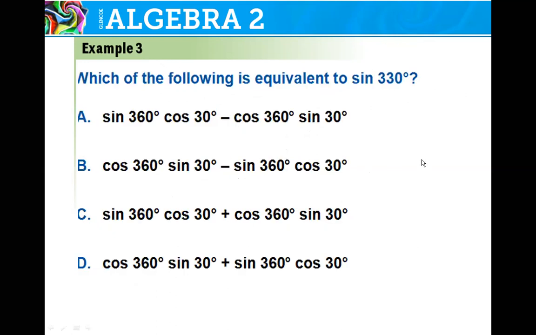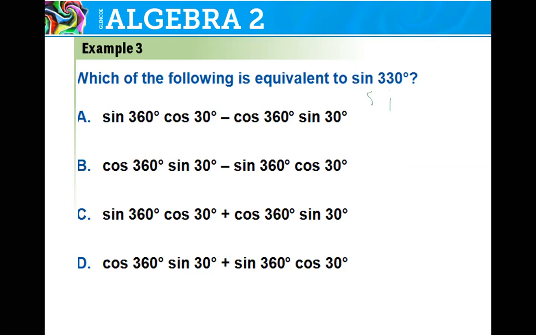Which of the following is equivalent to sine 330? A, B, or D? Okay, sine 330. We can make it sine 30, because sine 330 is in the fourth quadrant.